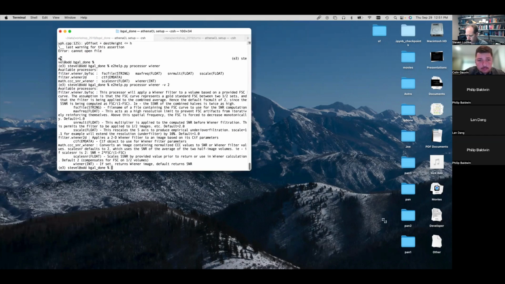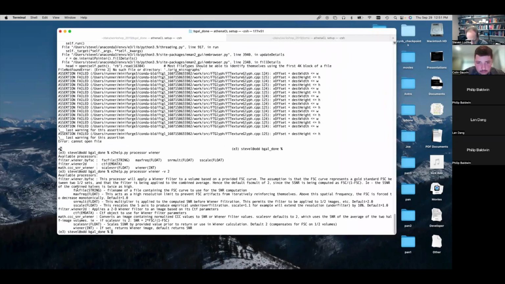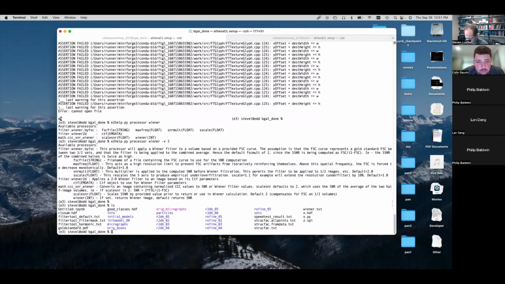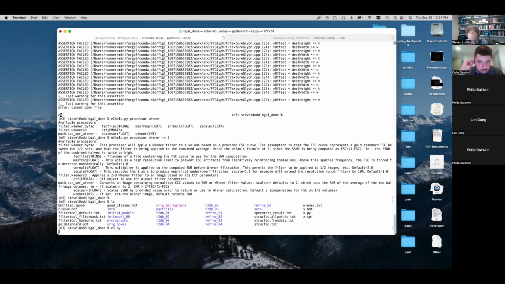Let's see, filter Wiener2d applies a 2D Wiener filter based on CTF parameters. CTF object used for Wiener filter parameters. All right. Well, let's try doing it from Python, since again that's what we're supposed to be doing. Let's go ahead and do it from a Jupyter notebook, just so we don't lose stuff.